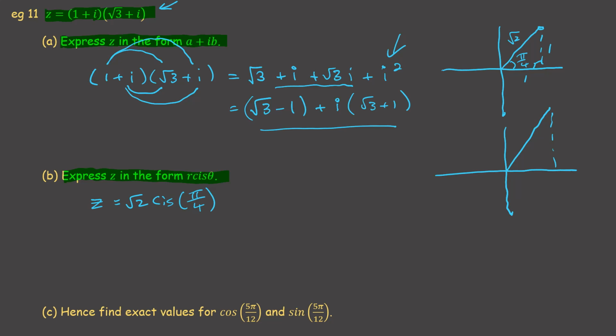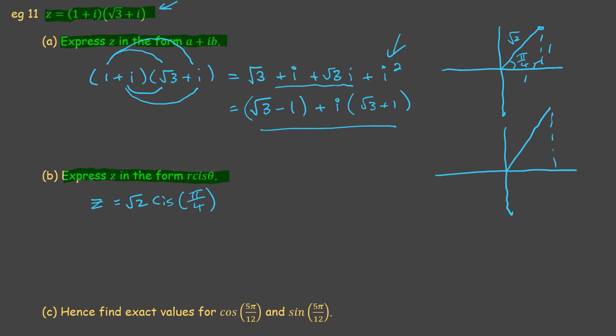And then the last part of the question says, hence find exact values for cos 5π/12 and sin 5π/12. Well, we know that this one is 2√2 (cos 5π/12 + i sin 5π/12). That's what cis means.